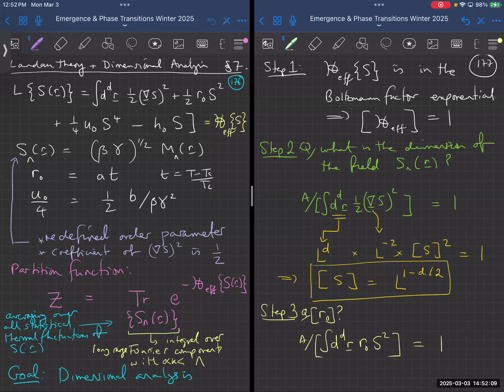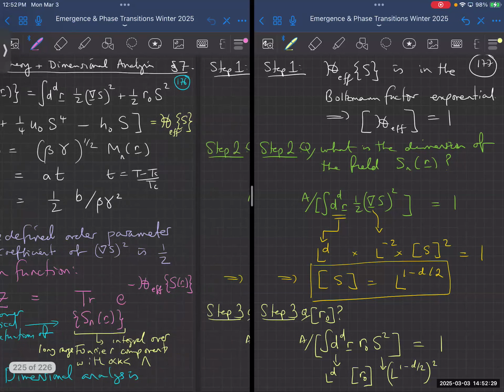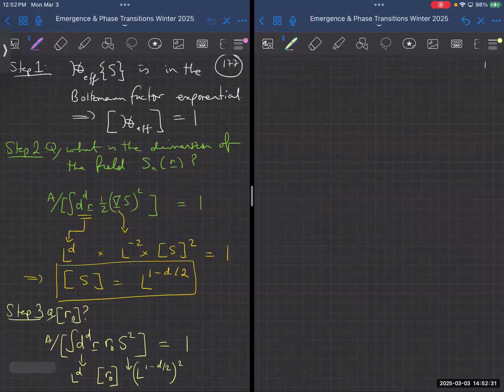Well, this is L to the d. This is L to the 1 minus d over 2, squared. And then this is the dimensions of R naught. And so that tells us that the dimensions of R naught, if I did this right, are just length to the -2.